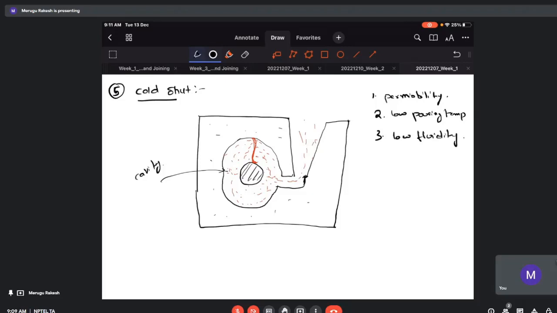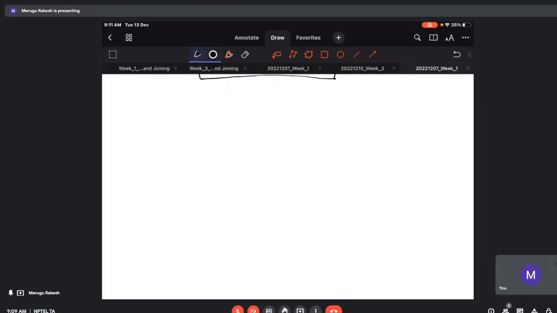So these are more or less similar to what we discussed just before, that is misrun, but there the casting is itself incomplete, whereas in this type of defect everything is present, but we observe this incomplete fusion zone. Okay, let us move to the next type of casting defect.